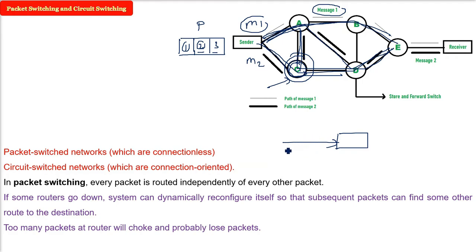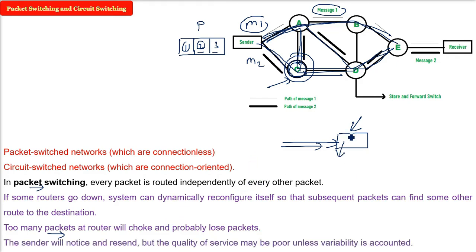You can call it swamping, flooding, choking. This all results in losing of packets. This happens in packet switching. In circuit switching, it doesn't happen, right? We'll take the differences also, a short way of discussing these two.